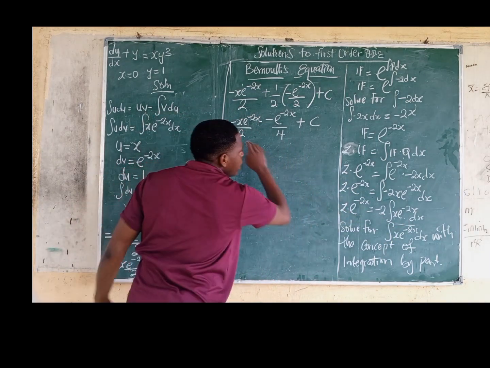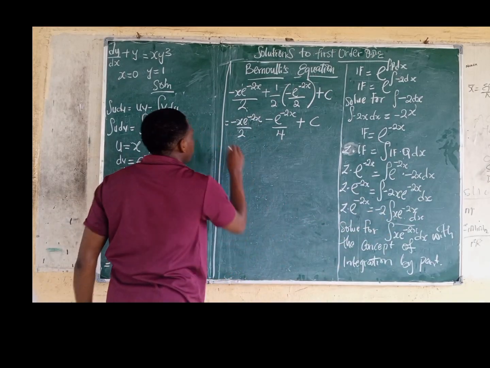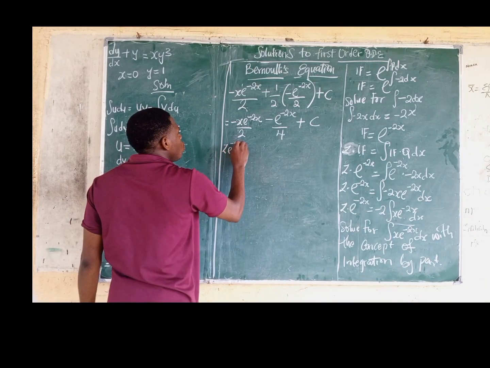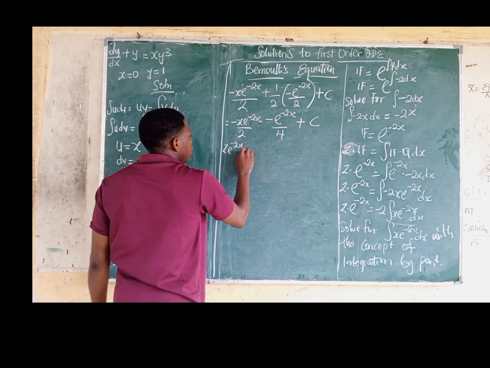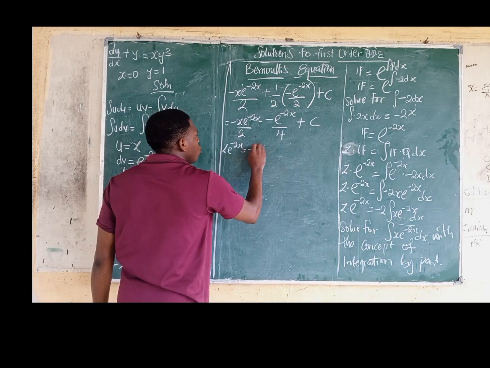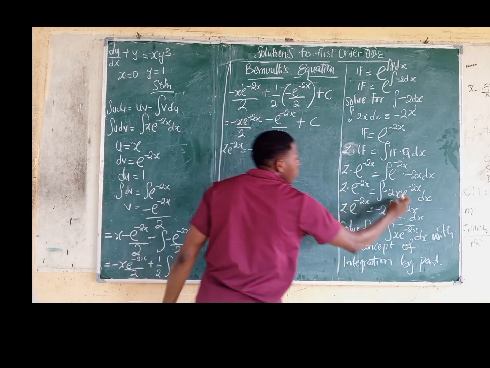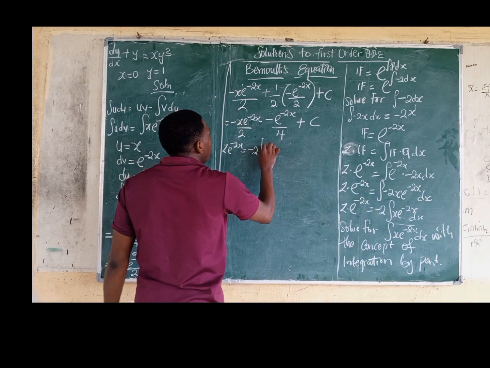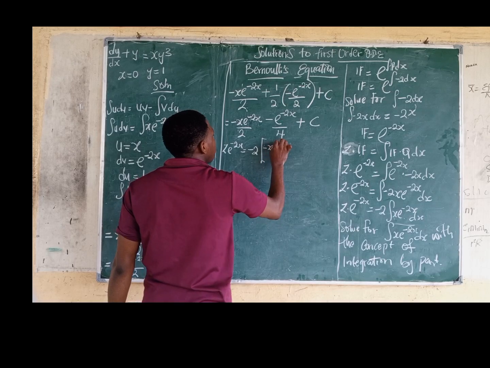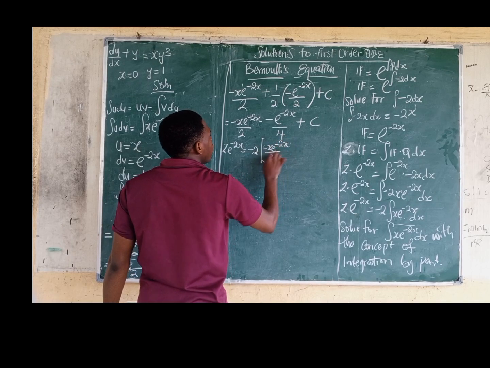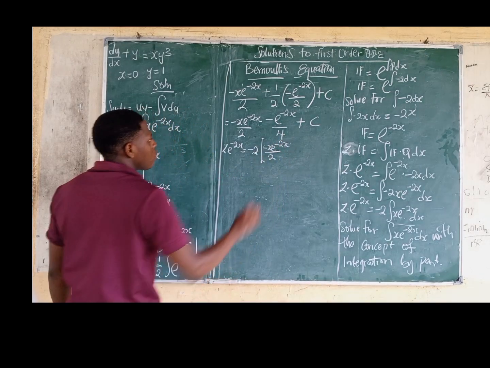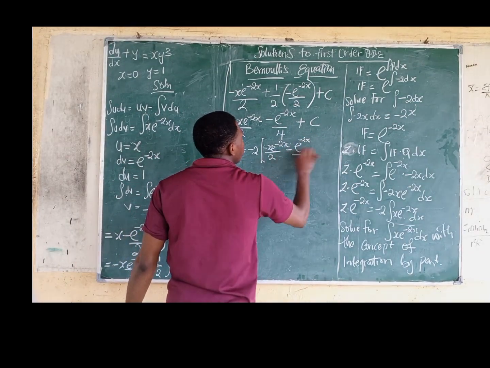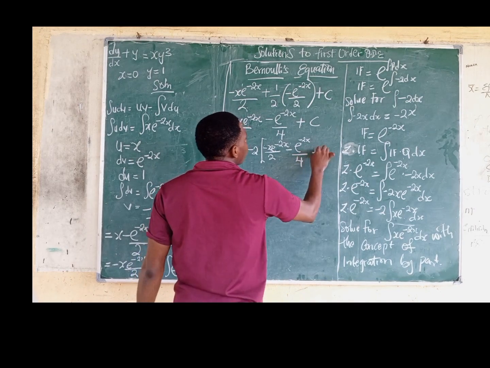If you put everything here into this equation, you arrive at e^(-2x), and this is equal to minus 2, and what is everything we've integrated for? Which is this. So we can bracket it to be minus x e^(-2x) over 2, minus e^(-2x) over 4 plus c.